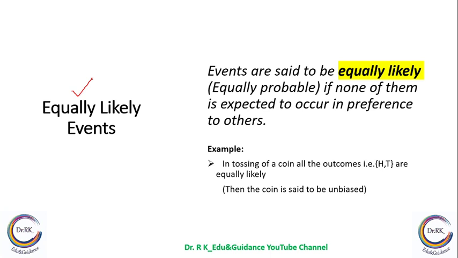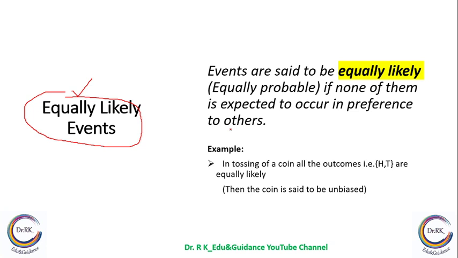It should be unbiased. Equally likely means all are having equal chance of happening. If you see the definition here, events are said to be equally likely if none of them is expected to occur in preference to others.